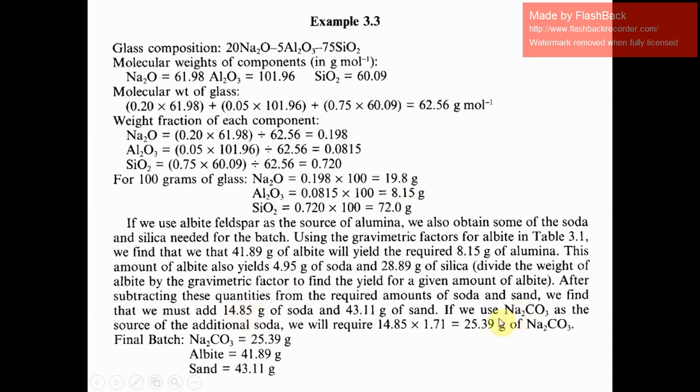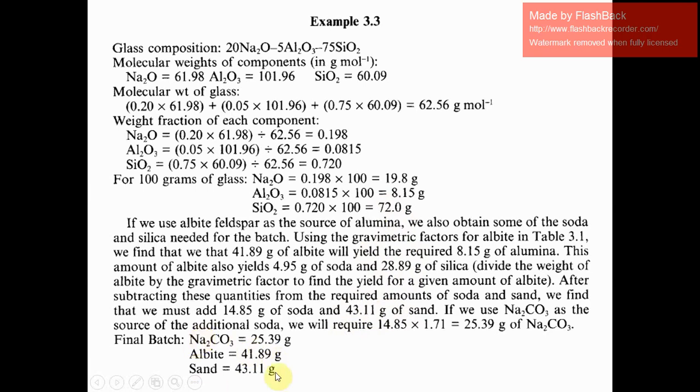Multiplying the gravimetric factor of sodium carbonate with 14.85 gram, then you will get 25.39 gram. And for silica, you got 28.89 gram of silica from Albite. Subtract this 28.89 from 72, you will get 43.11 gram of sand. You can directly get this from sand, which has a gravimetric factor of 1.